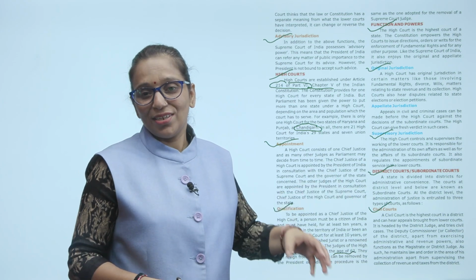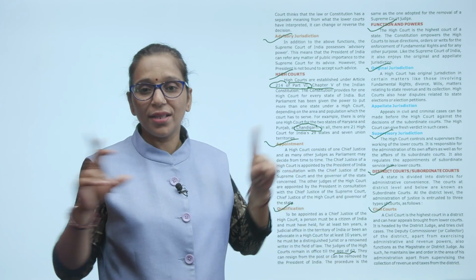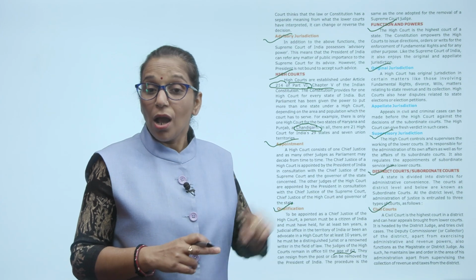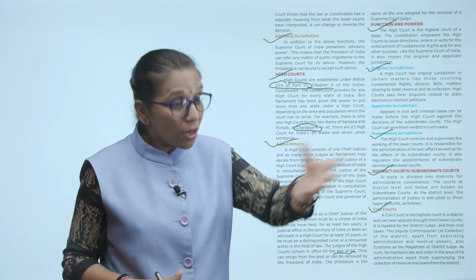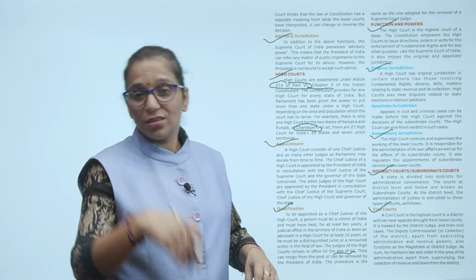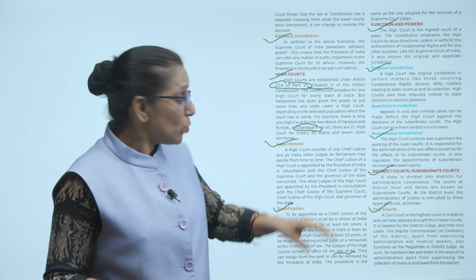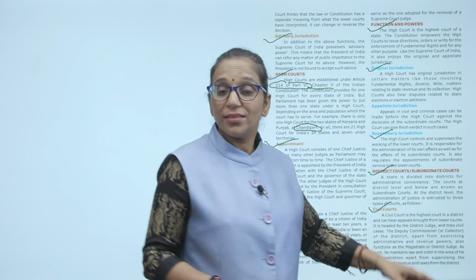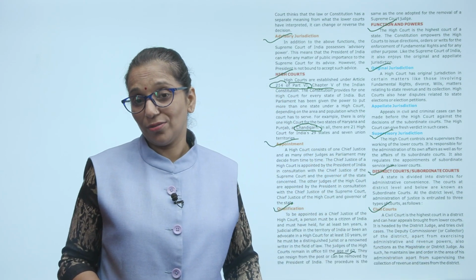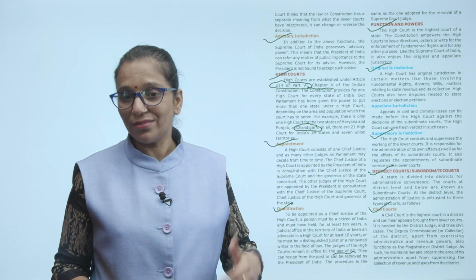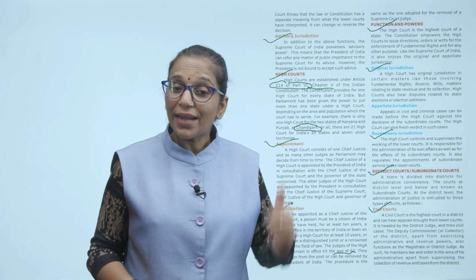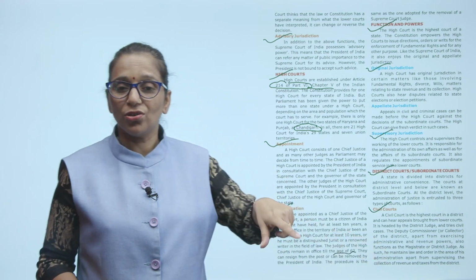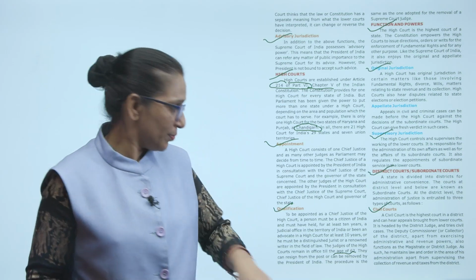As such, he maintains law and order in the area of administration, apart from supervising the collection of revenue and taxes from the districts. So in civil court, you can see the deputy commissioner acts as a magistrate of the district court, and also supervises the administration of tax collection.